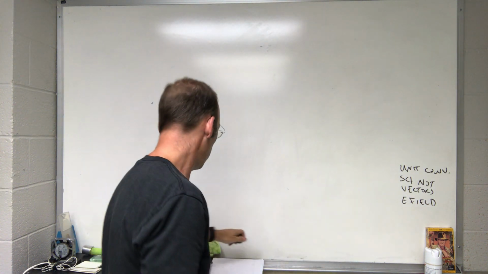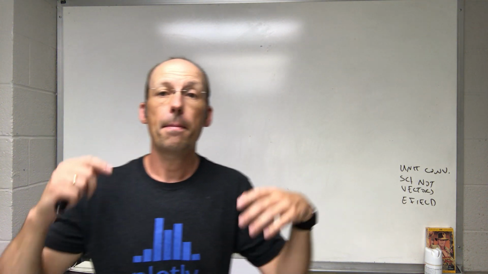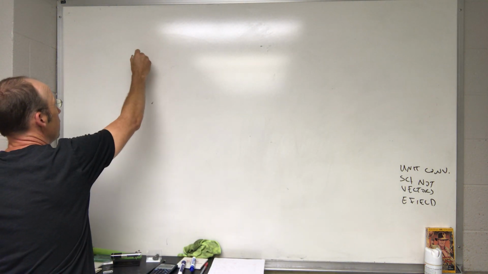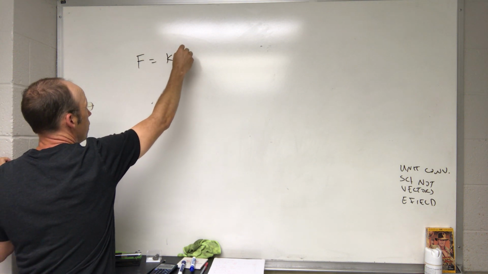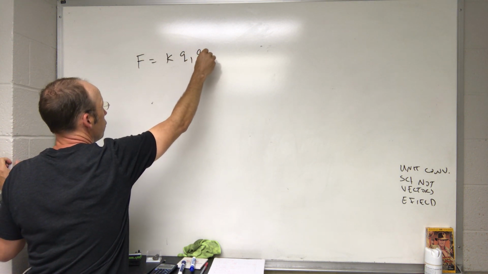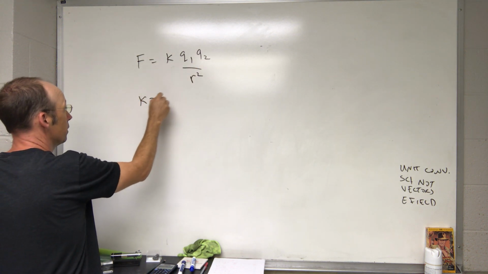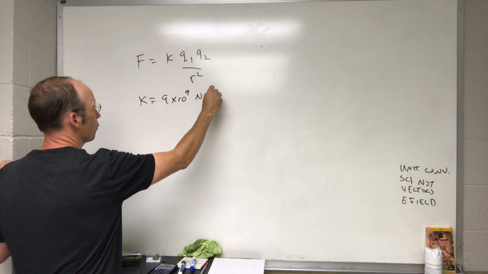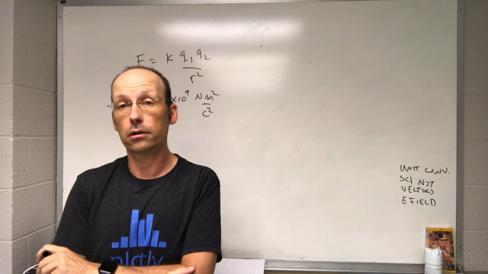Okay, so let's start with the expression for Coulomb's law, because it's useful. This says that the magnitude of the electric force is K Q1 Q2 over R squared. K is a constant, 9 times 10 to the 9th newton meters squared per coulomb squared, and the coulomb is a unit of charge.